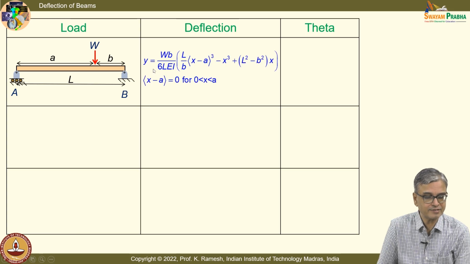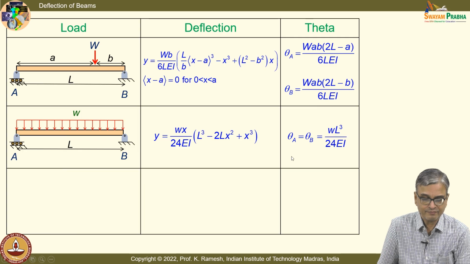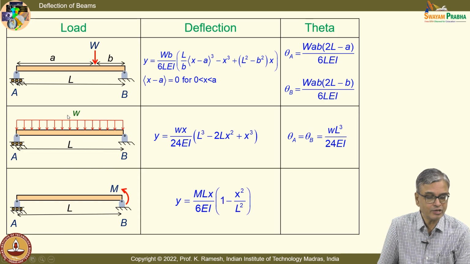Okay, so I have this 3-point bend beam where the load is applied at an offset point, and you have the uniformly distributed load. This is what you should have got. And has anyone calculated what is the maximum deflection?